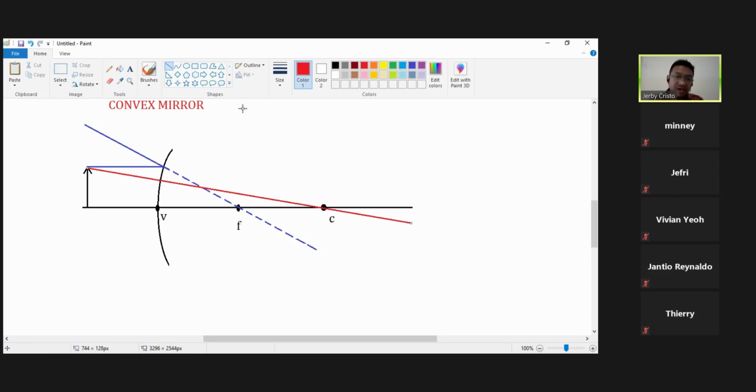But the actual light ray is this, the one that is spread out or diverge. So this is the actual light ray. As you can see, the light rays are diverged out or spread out because of the curvature. But since this projection is just imaginary because they are really non-existing, you use broken line to represent them.